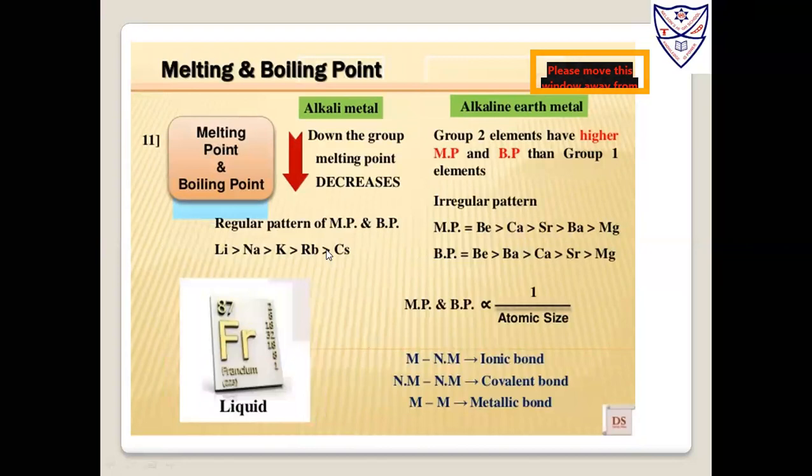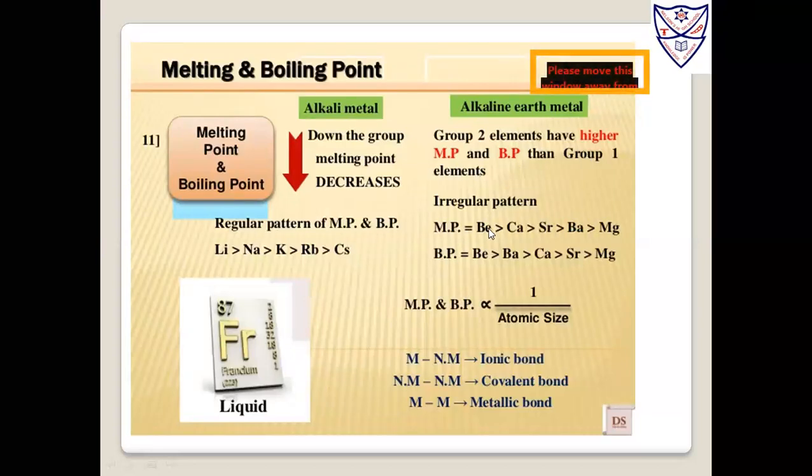Now about the melting and the boiling point. As you go down the group, the melting point decreases. And what about group 2? Group 2 elements have higher melting and boiling points compared to the group 1 elements.